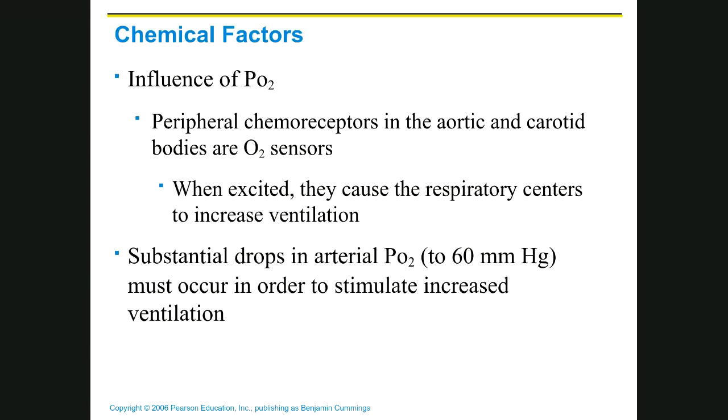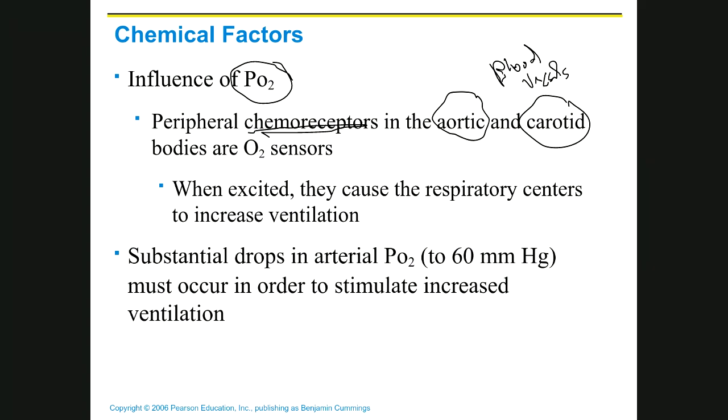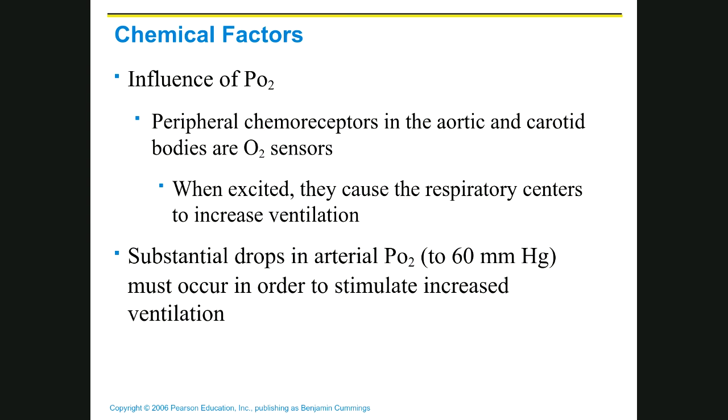We also, though, monitor oxygen. And then we also have chemoreceptors for those. And again, they're found in the aorta and in the carotid. We don't have any in the brain. They're just in these blood vessels, in these arteries. But they send the information up to the brain. And what they do is, if your oxygen level drops, so you don't have enough oxygen, then you're going to speed up breathing.